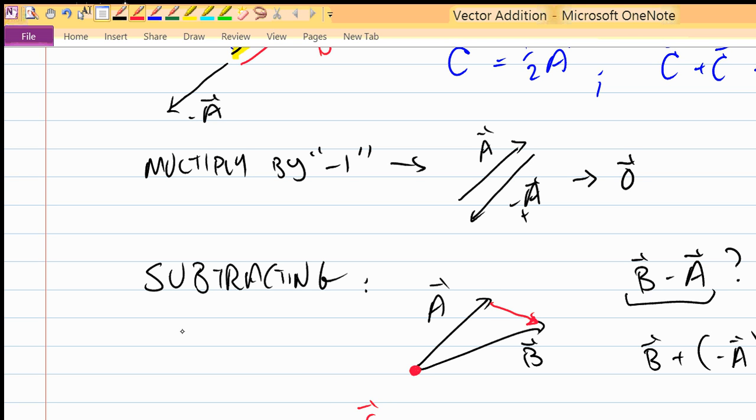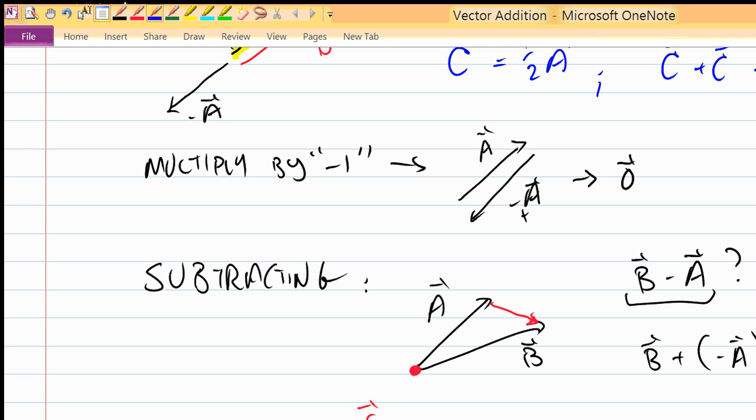So there is position vector R1, there's position vector R3. If I wanted to know the change in position in going from 1 to 3, that's the same thing as R3 minus R1. R3 minus R1 is the vector which takes me from where I was at 1 to where I'm going to be at 3. There is the delta R.